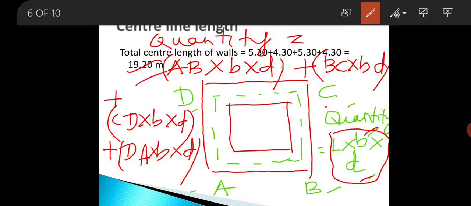So see, when we are considering AB into B into D, that means this one is the width B, and this is the center line length AB.